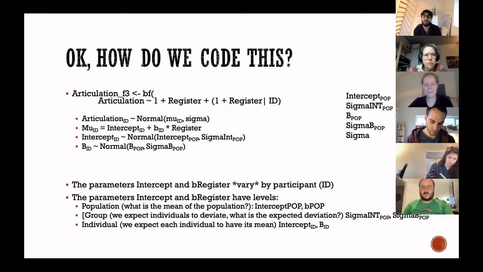And that's the sigma for the intercept at the population level and the sigma of the beta at the population level. And finally, we have the individual level. We expect each individual to have its mean. And here we're going to have the intercept ID and the beta ID. These are the parameters of the model.